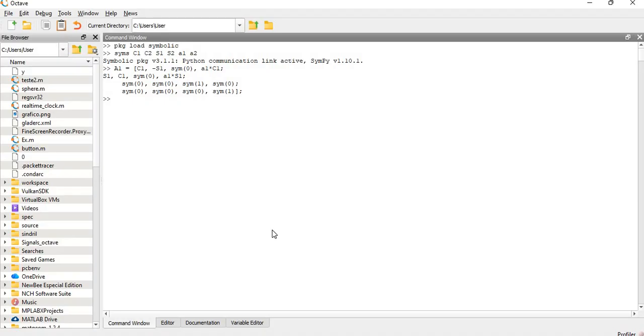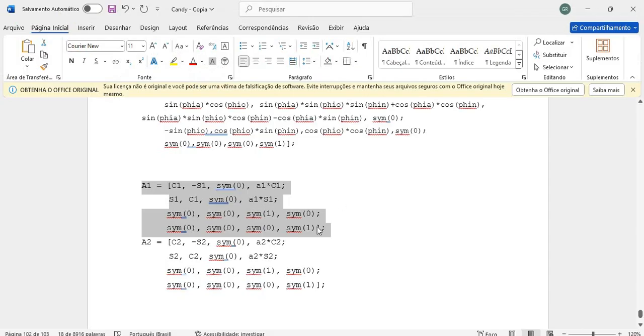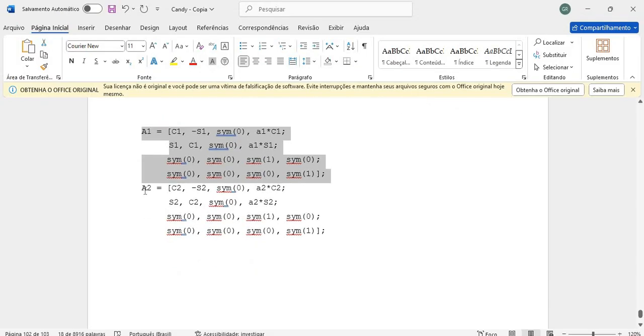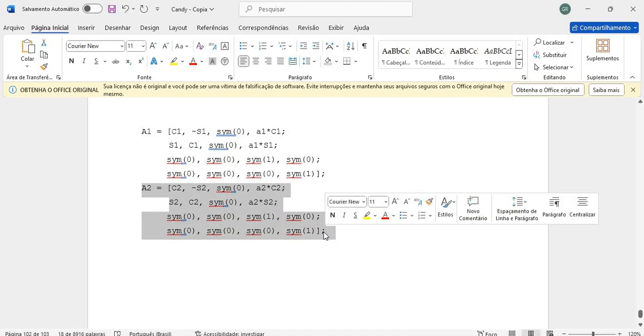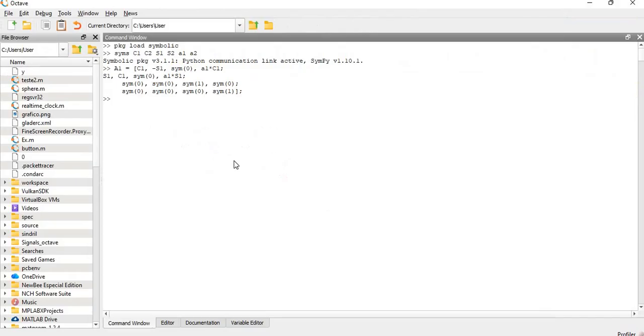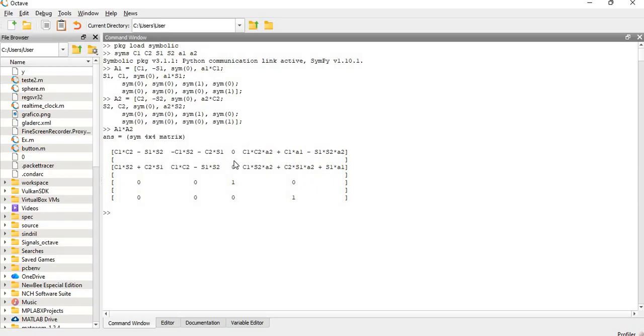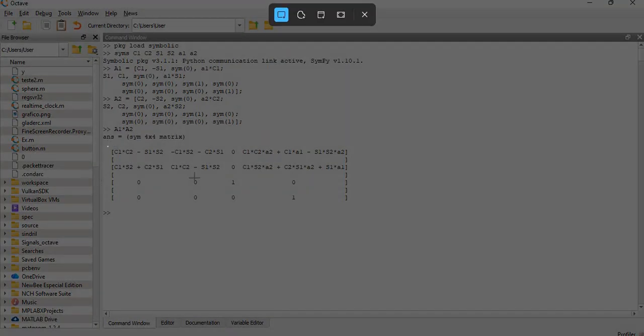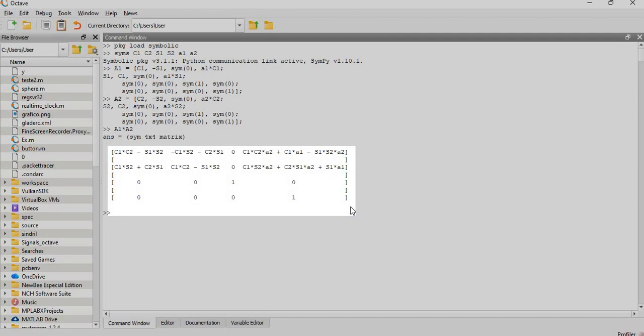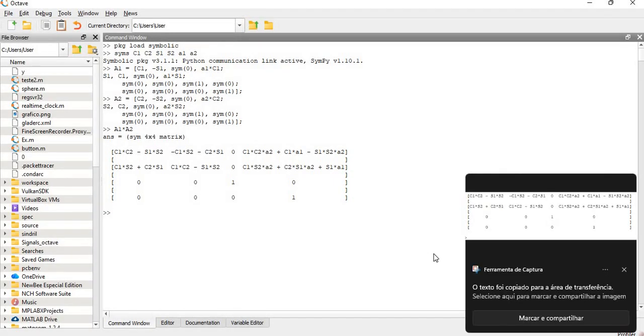Okay. Now the second matrix. Okay, and now let's just multiply these matrices. So type A1 times A2. Okay, and let me just take a print screen and compare with the result of the book.